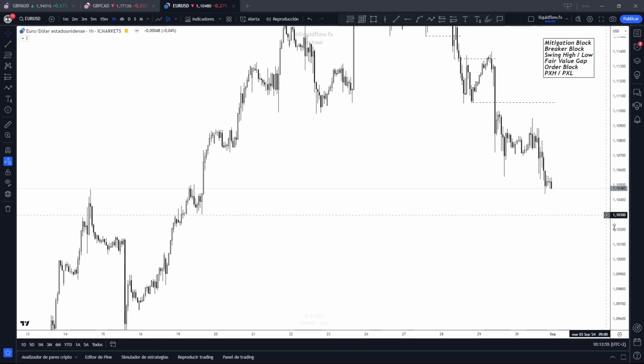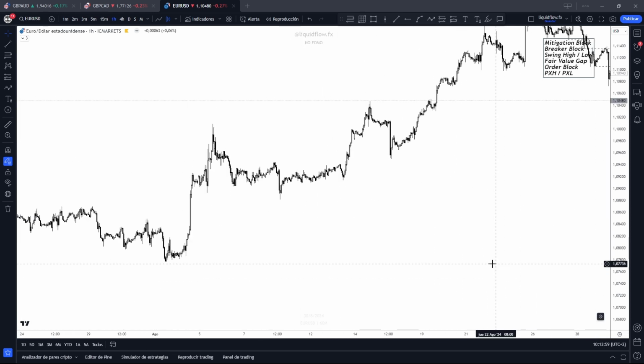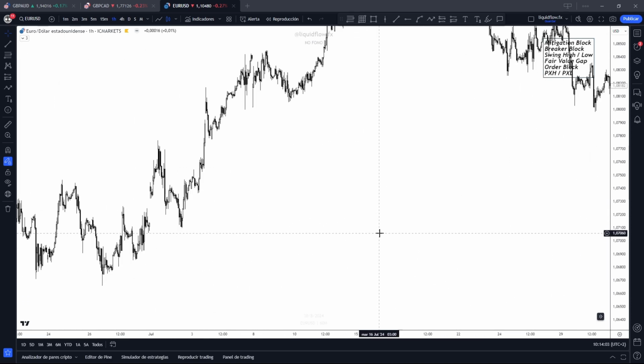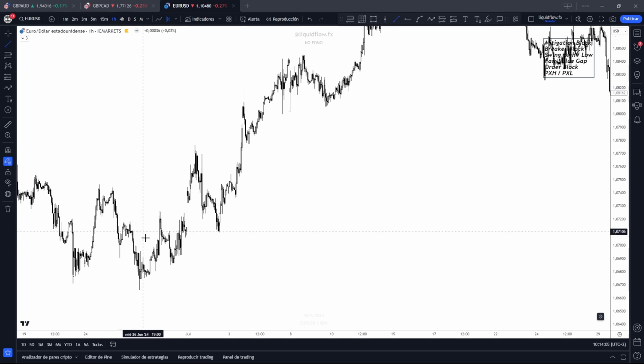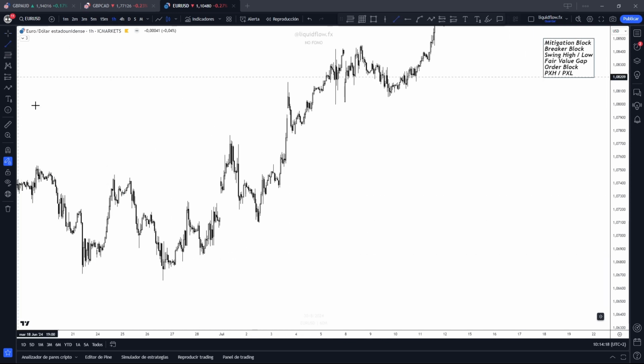So in a bullish trend, let me find some good example to explain that could be good. Okay, so we have what? We have that movement up, that's a bullish trend. And where do we find our mitigation block? Well, first we have this one from here.